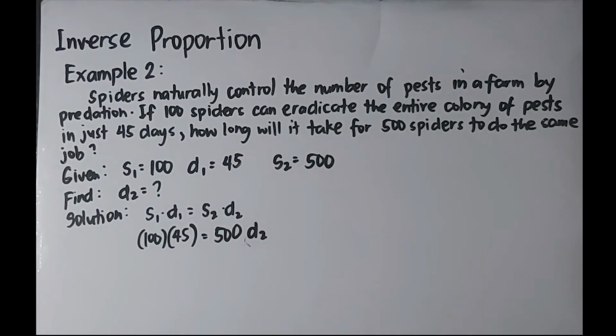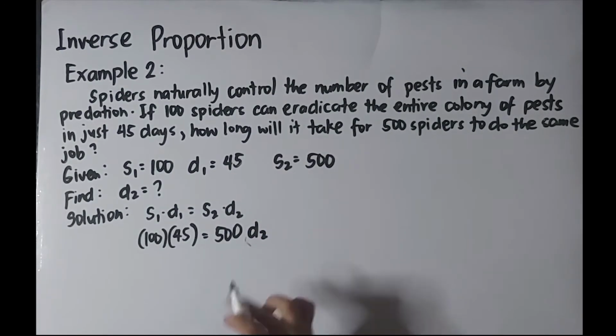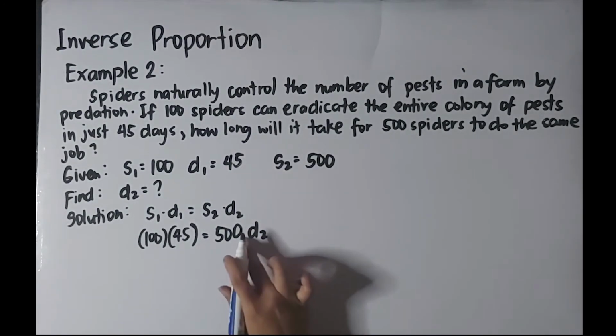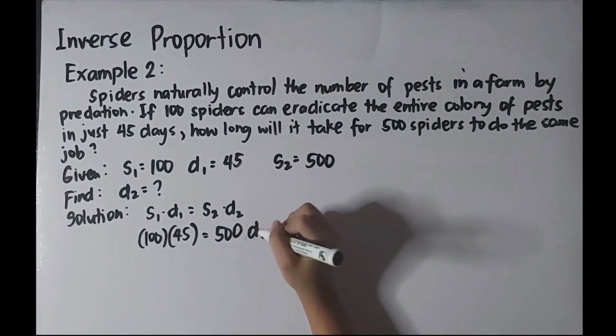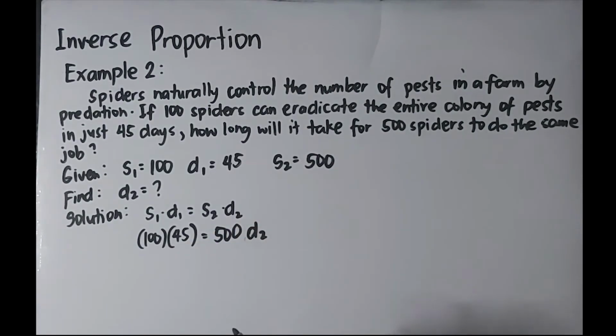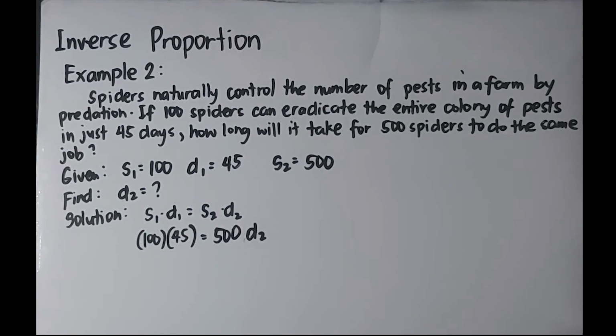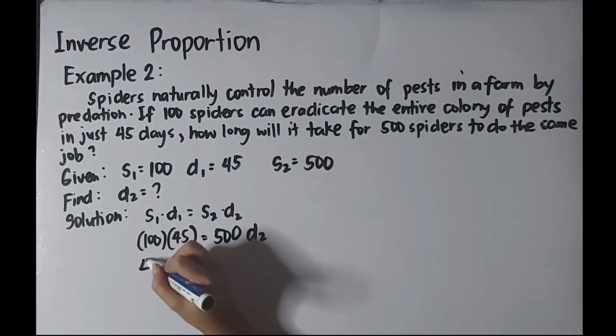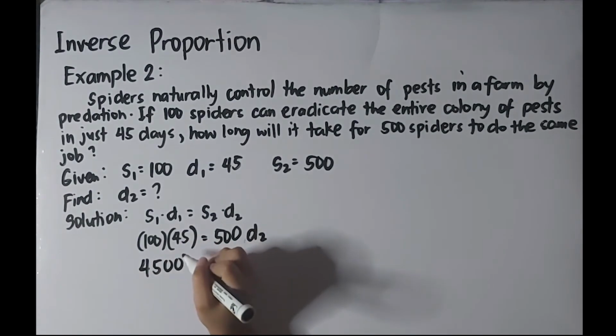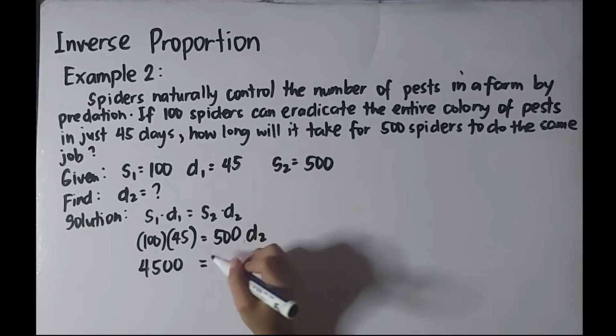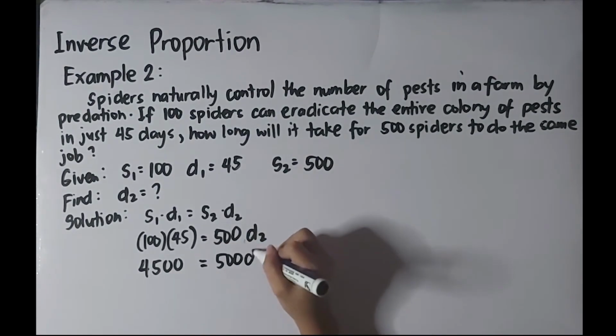So we have D2. So let's now multiply and solve the problem. So we have 100 multiplied by 45 equals 4,500. 500 times D2.